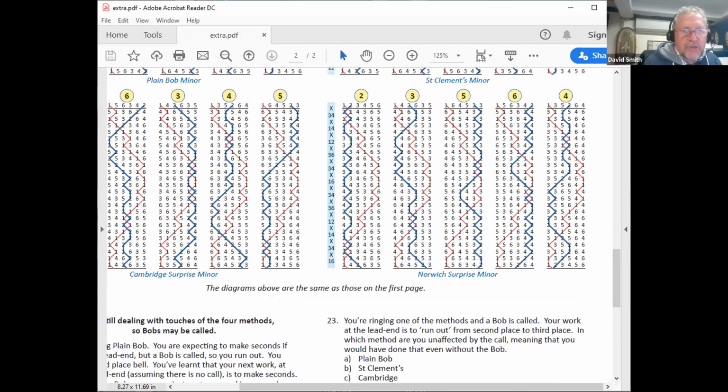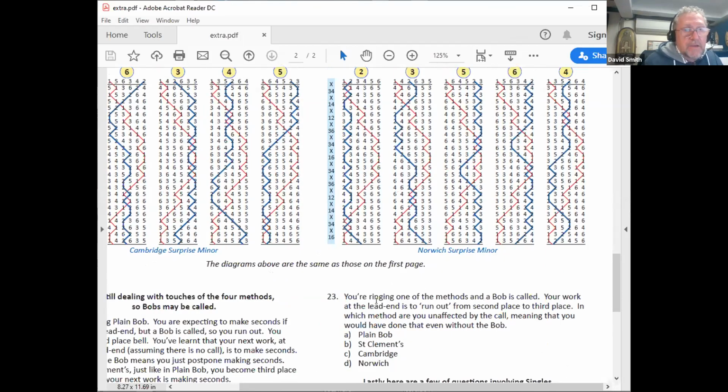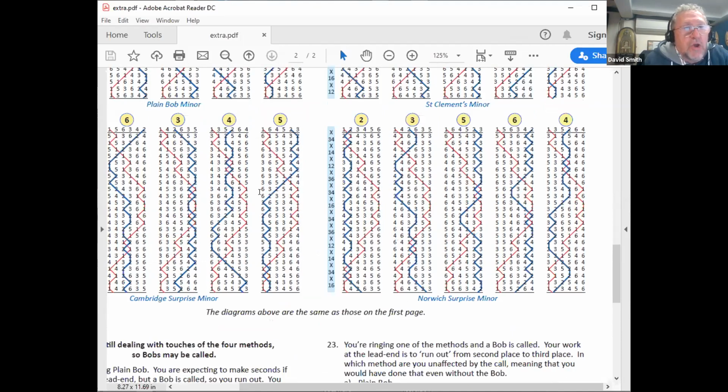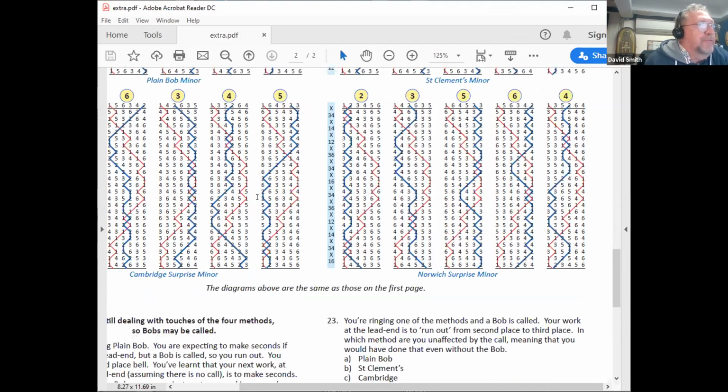So in Norwich, there is a time when you run out from 2 to 3, but you would have done it anyway. So the crucial point here is with a bob, not all methods have fourth place bobs. We discussed that before, but all the methods in these diagrams do. If there's a bob, in each case, it's a fourth place bob. So if you're coming up and a bob is called, one thing you might do is make fourths.